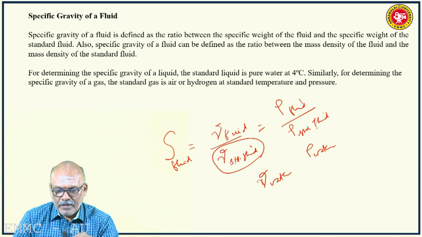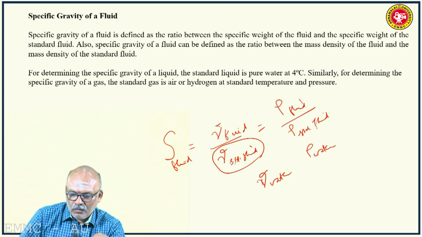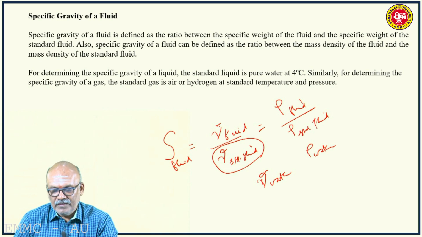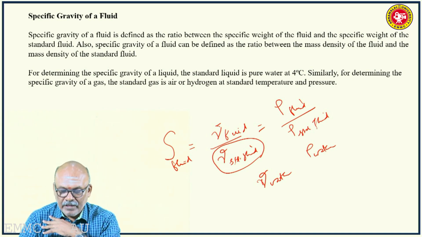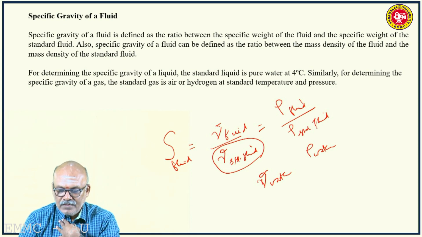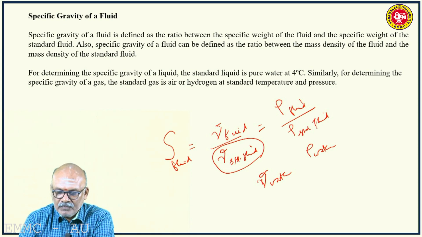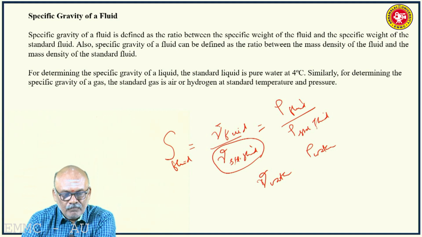We are comparing the specific weight of the particular fluid for which the specific gravity is required with the specific weight of the standard fluid. In case of liquid, the standard liquid is water, whereas in the case of gas, the standard gas is air or hydrogen at standard temperature and pressure.